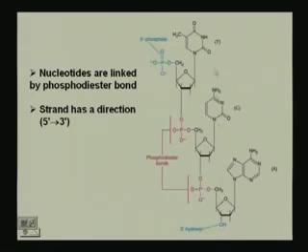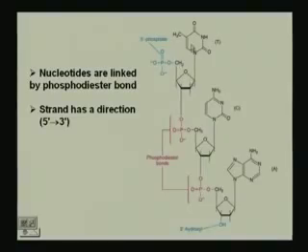The difference lies in the types of bases that are attached to the sugars. Just like in a protein, do we write the peptide bonds? We don't. We just write V, A, G, T, whatever. What does that mean? We have valine, alanine, glycine, threonine. But we know that they are linked by peptide bonds. It's the same thing here.